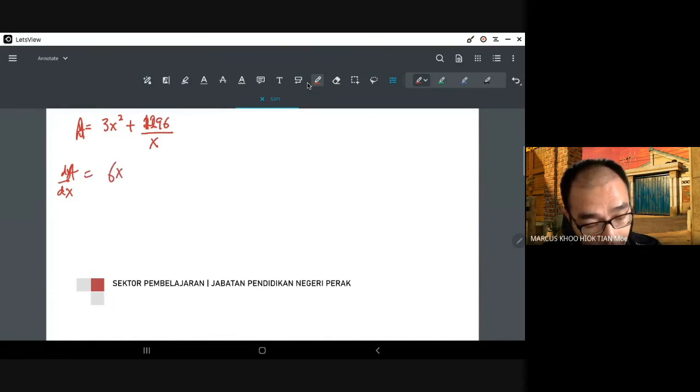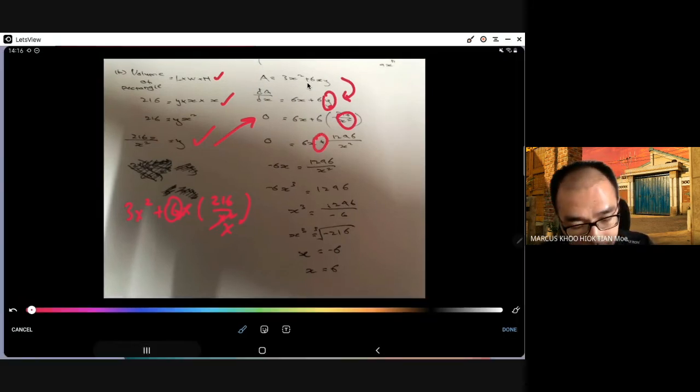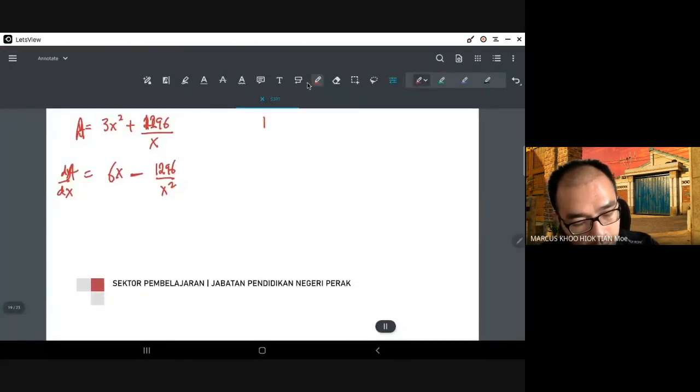So I get 6x minus 1296 over x squared. Is it the same as what you got? Here you can see you got plus. Will this be minus? Because this is 1296 times x to the power negative 1.